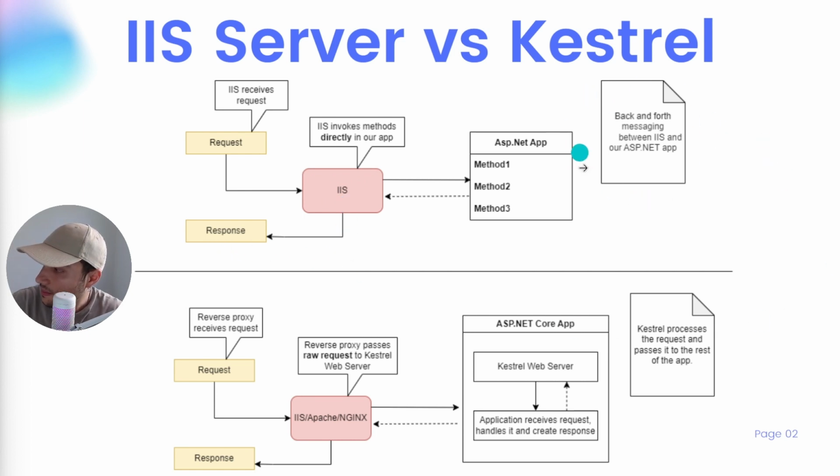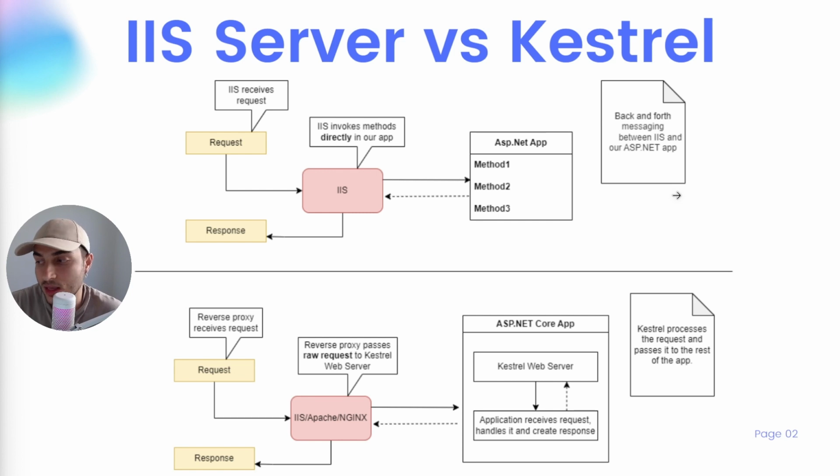So basically there's a back and forth messaging between IIS and our ASP.NET application, right? So as you can see, there was this tight coupling between both of them, so this limited a cross-platform approach.